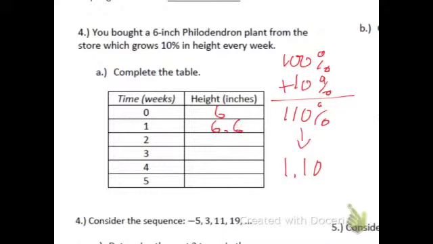Times that by 1.1 is going to give you 7.26, times that by 1.1 is going to give you 7.986, times that by 1.1 is going to give you 8.7846, and then times that by 1.1 is going to give you the grand total of 9.66306.